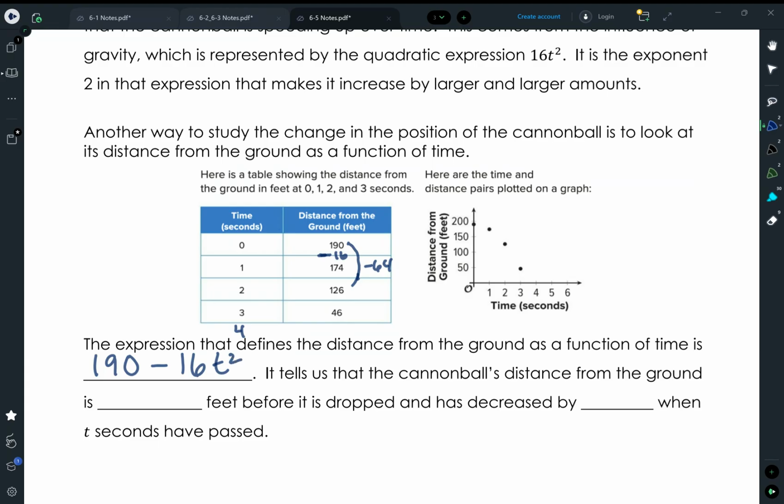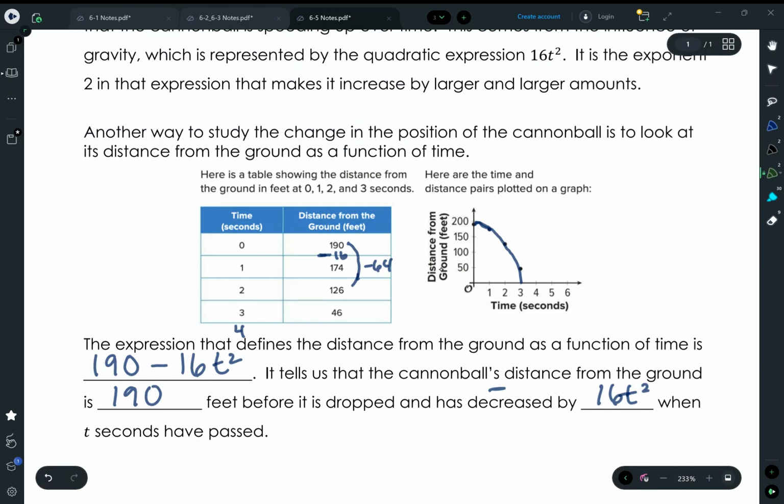It tells us the cannonball's distance from the ground is 190 feet before it's dropped and has decreased by 16t squared when t seconds have passed. And again, we can see this nice quadratic shape here, and there would be the other side on our graph. We do call that a parabola. And we'll be looking more at graphs through the rest of the chapter.